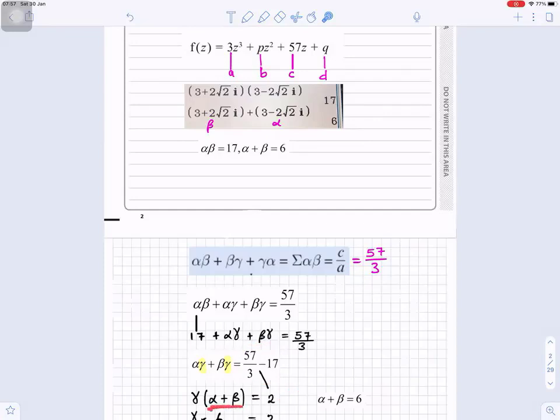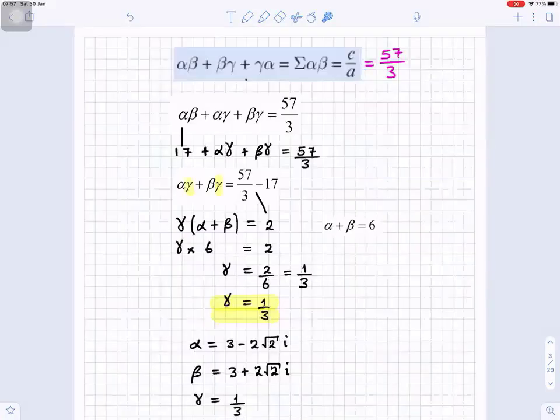But we know alpha plus beta is 6, which we had done up here before in the calculator. Now we replace alpha plus beta with 6, so gamma times 6 equals 2. Take 6 to the other side, it becomes 2 divided by 6. Gamma will be 1 over 3.